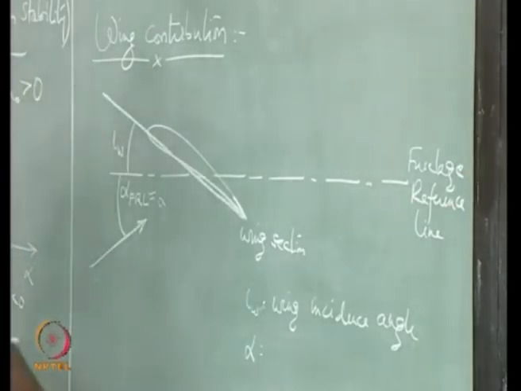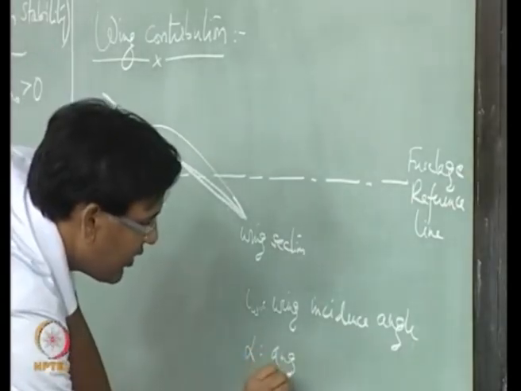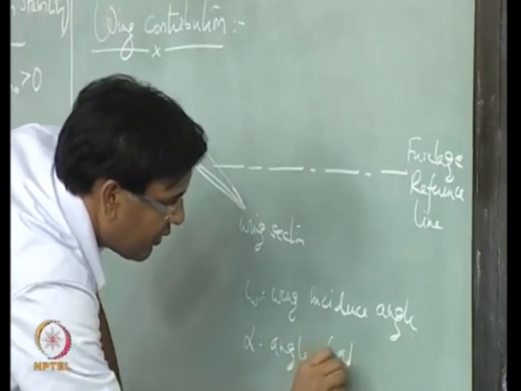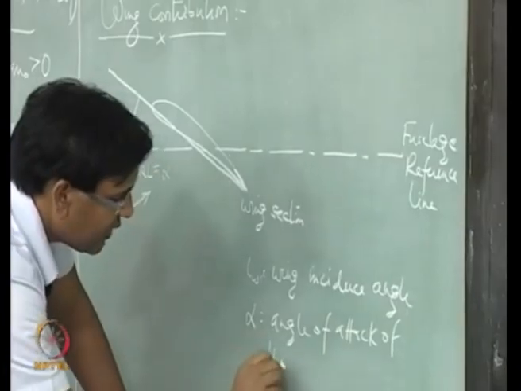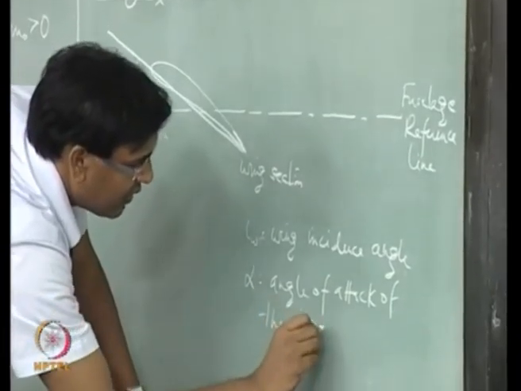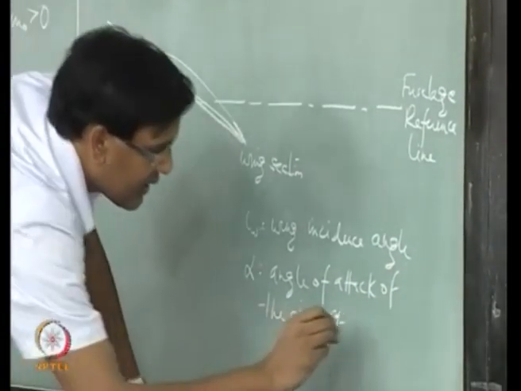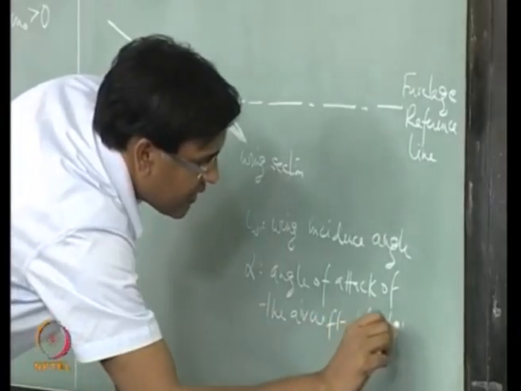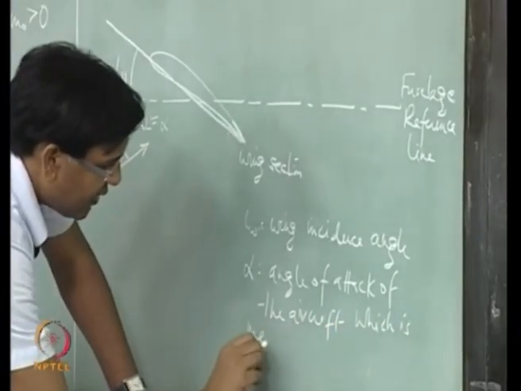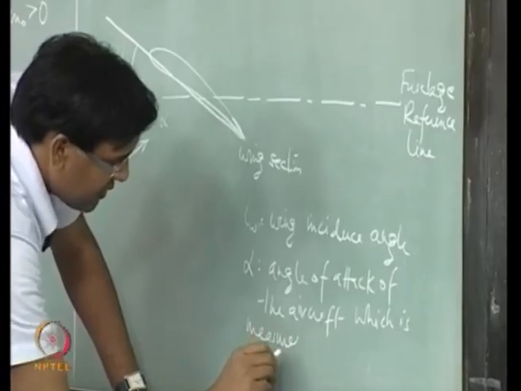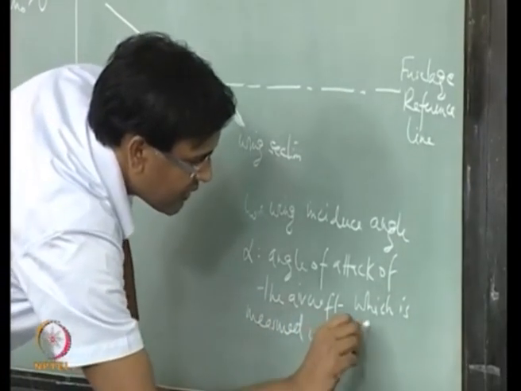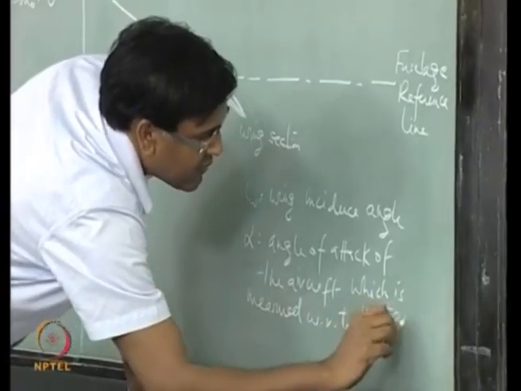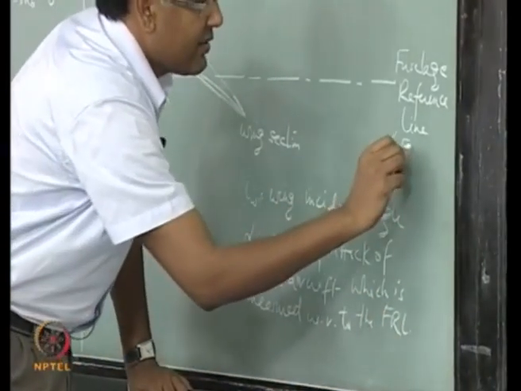So, alpha is the angle of attack of the aircraft, measured with respect to the fuselage reference line.